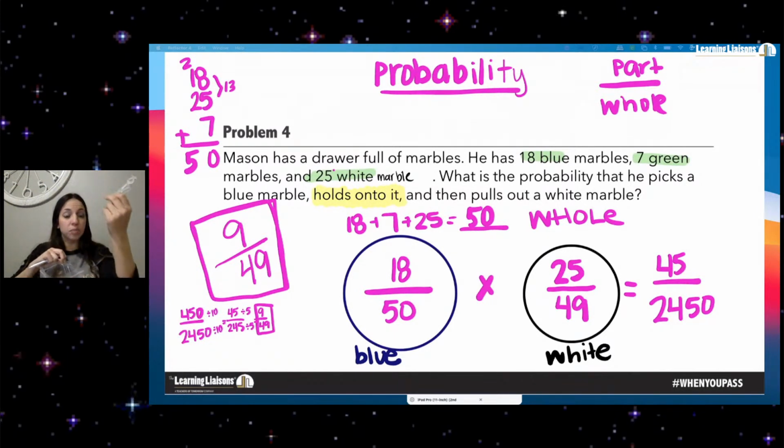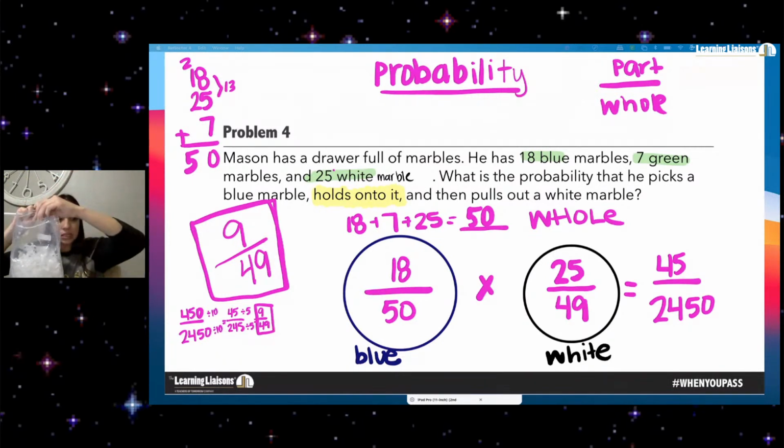Let's pretend that's the blue one. I'm not putting it back in here. I'm holding on to it, which means I am not replacing it. So how many marbles do I have left in this bag now? 49 marbles left in the bag because I'm not putting the blue marble back. I'm putting it in my pocket. I hope that makes sense a little bit more.